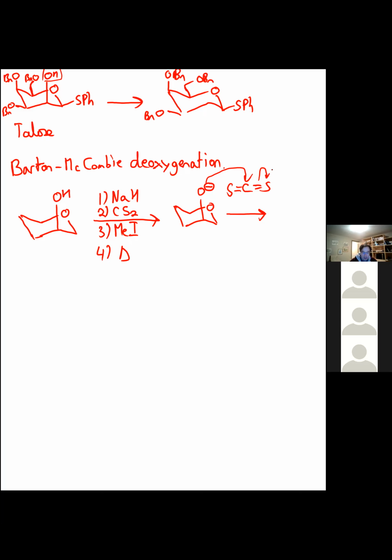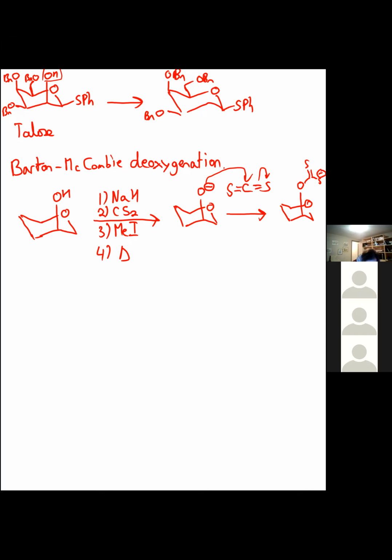So we're making something kind of at the carbonate oxidation state. So we have a carbon with four bonds to a heteroatom. Like if those are not sulfurs and they were oxygens, it would be a carbonate. I have no clue what this is called. Like a thiocarb.